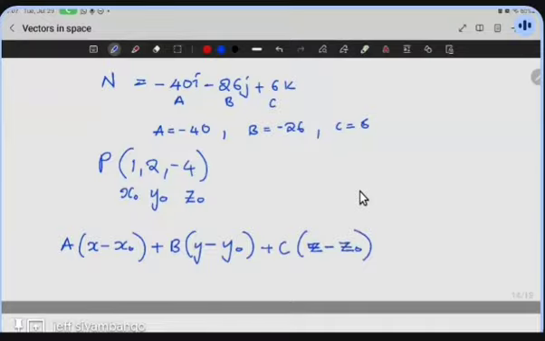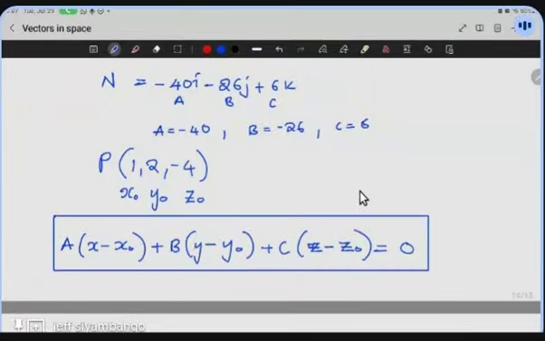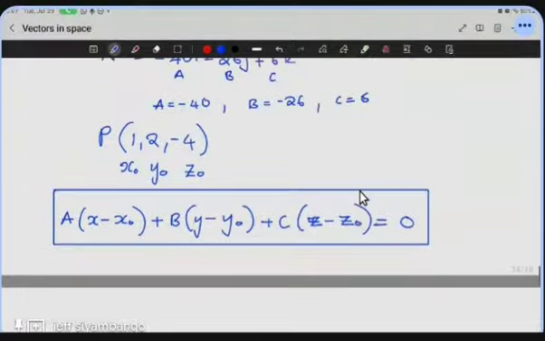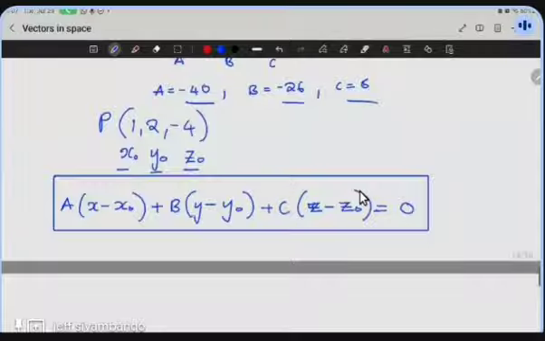This is our scalar equation. We can simplify it a little bit to get what our D is going to be there. But let's make the substitution. Remember, we already have A, B, C, and x0, y0, z0. We'll leave x, y, z as variables.